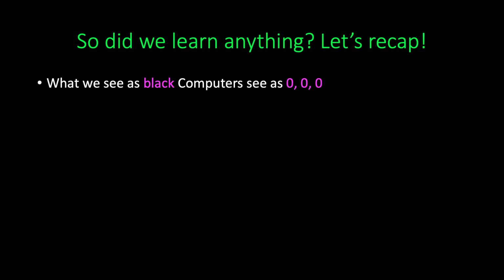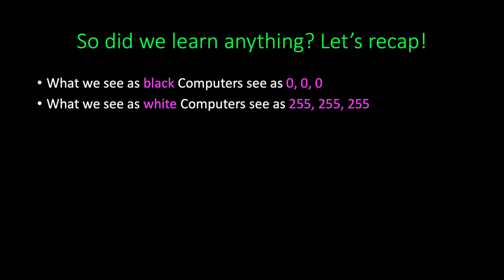Alright, so what are we learning in this video? Let's recap. What we see as black, computers see as 0. What we see as white, computers see as 255, 255, 255.